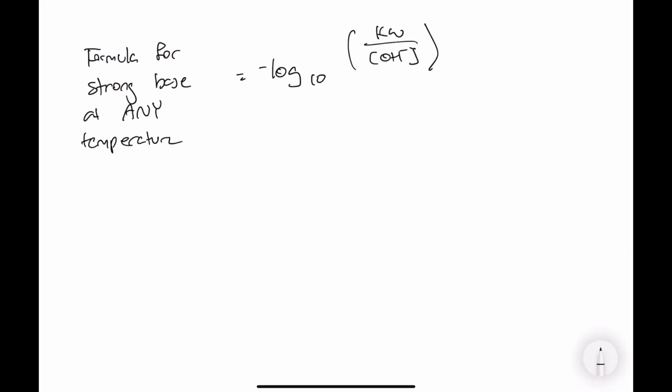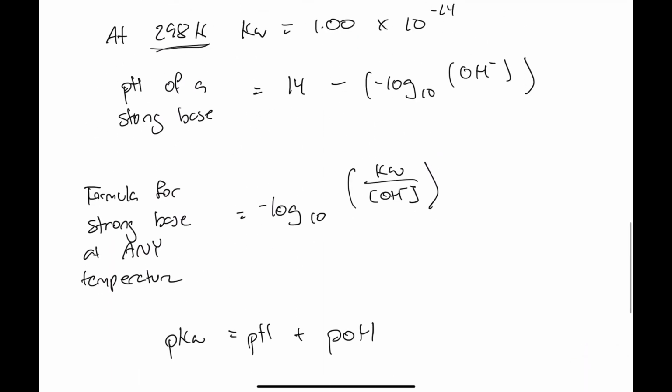That's also helpful in calculating pH and pOH, which is that pKw equals pH plus pOH. I explained it a bit wrong earlier, but it's because of this formula that 14 minus pOH works when you're calculating the pH of a strong base, and it's because pKw is the same as negative log 10 of Kw.